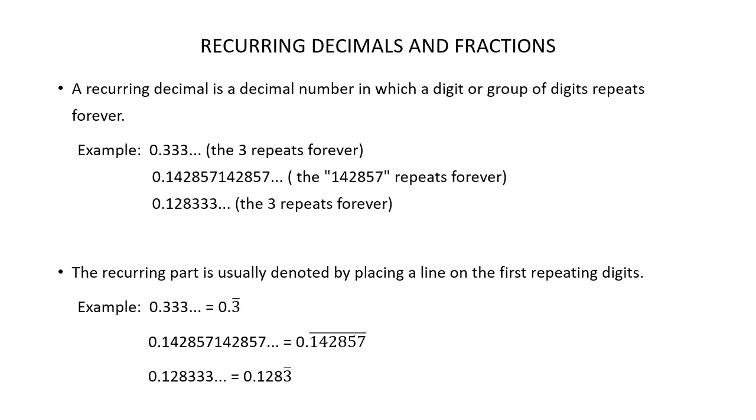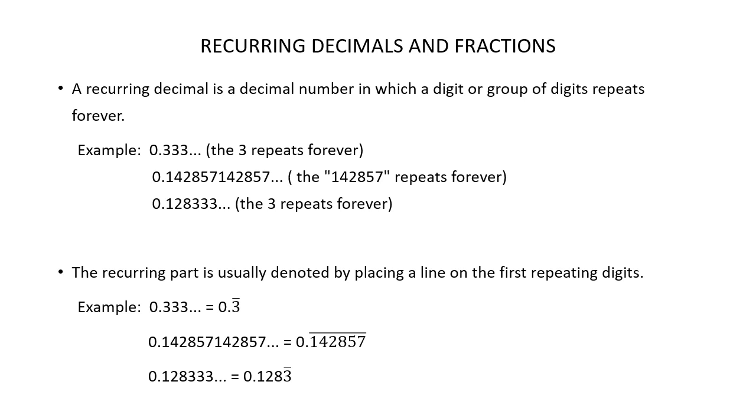In this example, 0.142857142857, the group 142857 repeats forever, so the line is placed over that group of digits. So it is written as 0.142857 with a line above the group of digits that is repeating.